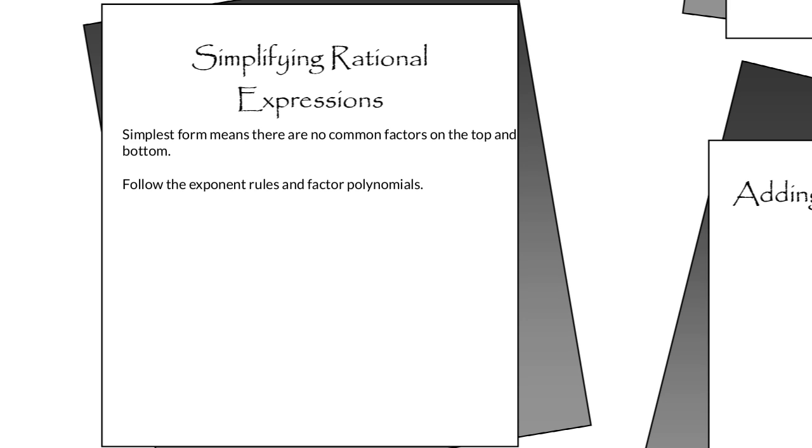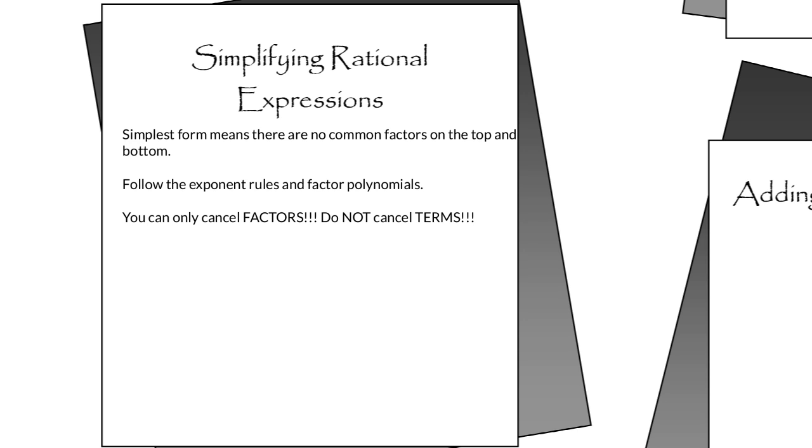Next thing we are always going to make sure we do, and this is a really big one, people tend to get caught up on this, is that you can only cancel factors. Do not cancel terms. This is the biggest error when simplifying rational expressions, so please make sure that you are always paying attention to what you're actually canceling.